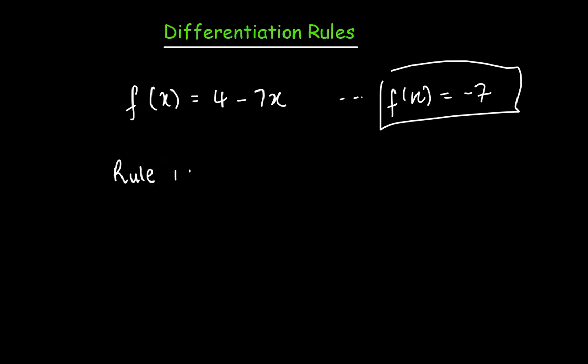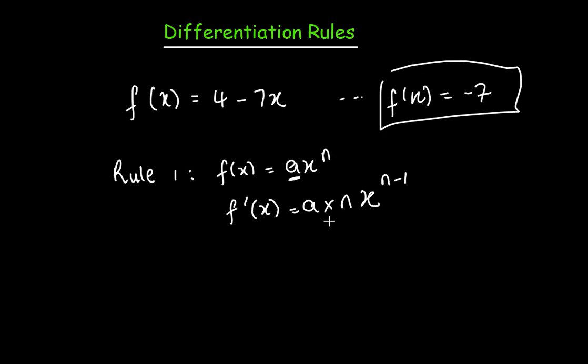Rule number 1 says, if your f at x is in the form of ax to the power n, then the derivative of that will be a times the exponent n, then you have x as your variable, then you say n minus 1. That is rule number 1.